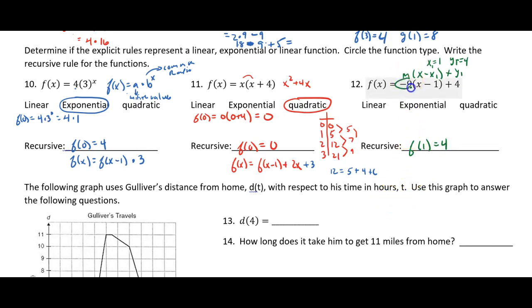Now, isn't this my common difference or slope? So f of x equals my previous term plus, or sorry, in this case it'd be minus 9. Remember, this number here is your common difference. Okay?